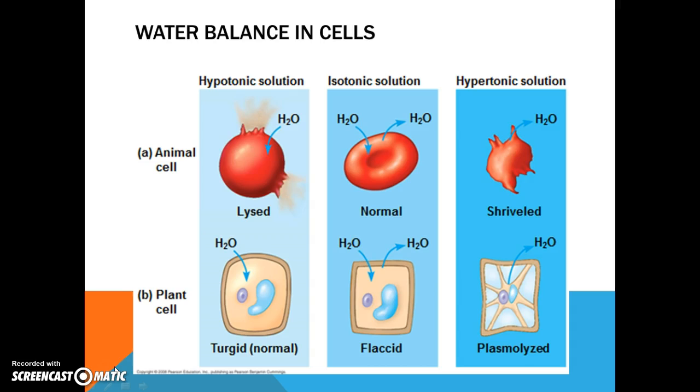Now the two more confusing ones aren't really too confusing. I like to use the phrase hypo-hippo to help differentiate the differences between these solutions. Now to do that, I know that hippos are really big, so hypotonic solutions will make cells get really big. And this is due to hypotonic solutions having a lower concentration than the inside of a cell.